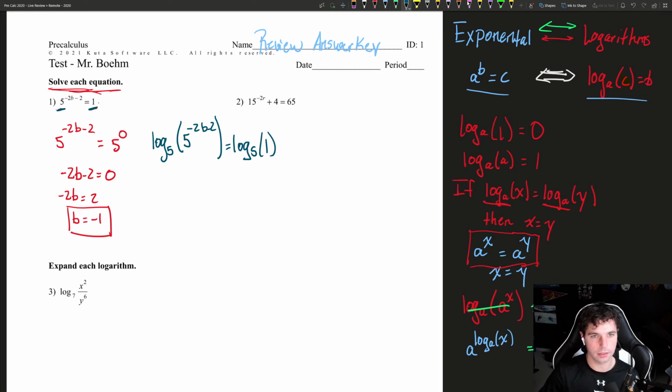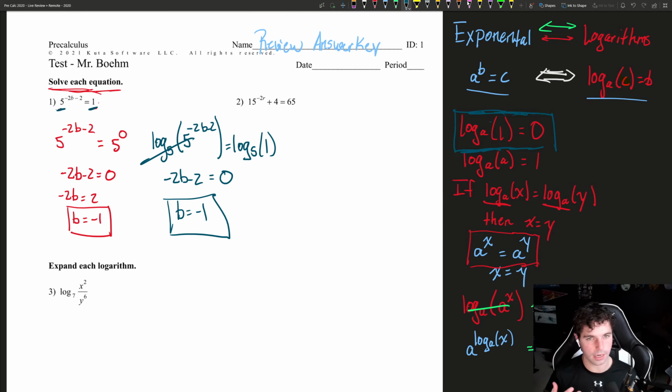And what that does is it cancels out this 5 and log base 5, and we're just left with -2b minus 2. Okay, then we can think about this property over here and know that that right-hand side is equal to 0, and we're going to get the same answer. Okay, so either one of these ways, it's up to you what you feel comfortable with.